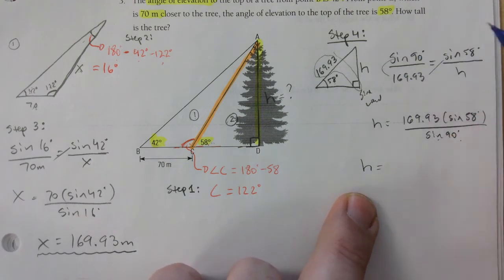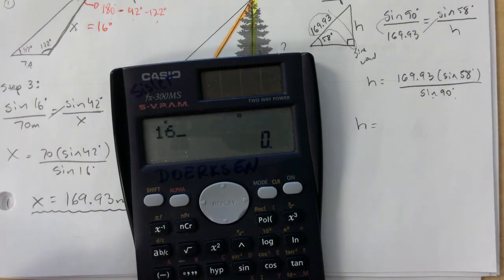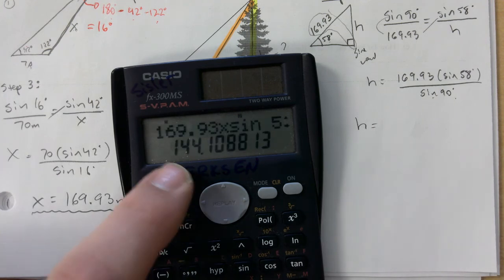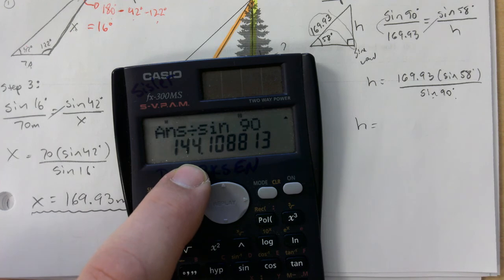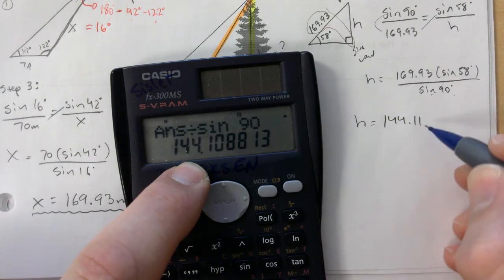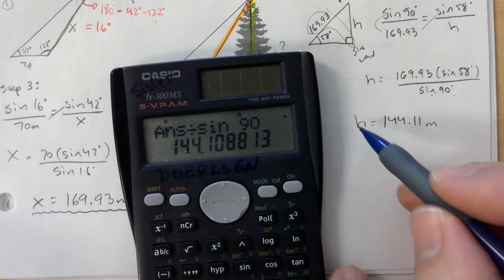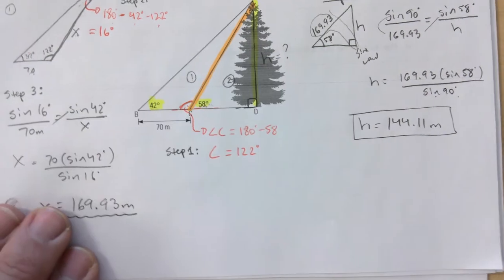I want you to still remember this is always how to do it, right? So 169.93 times sine of 58, 144.10, divided by sine of 90, nothing is going to happen, that's normal. And that's 11 meters. So a lot of steps, right?